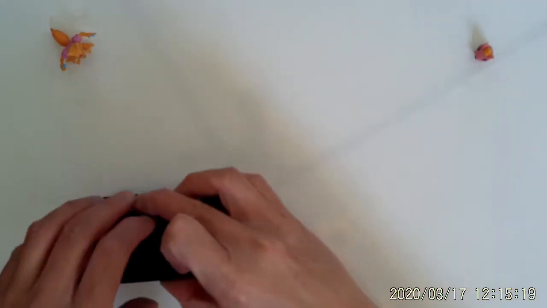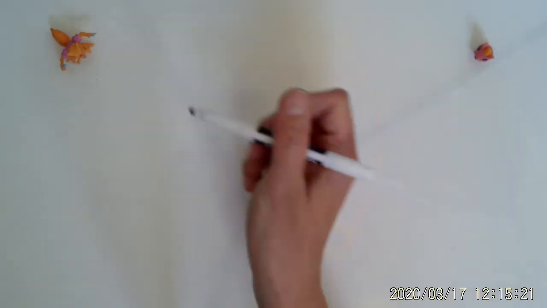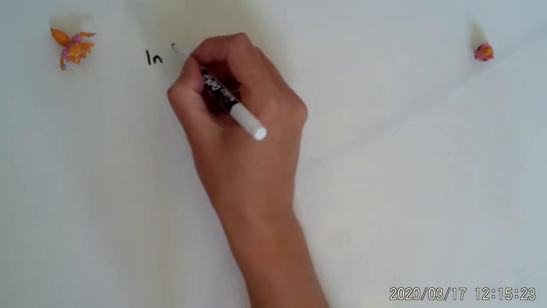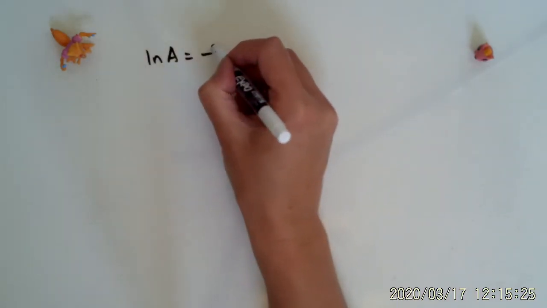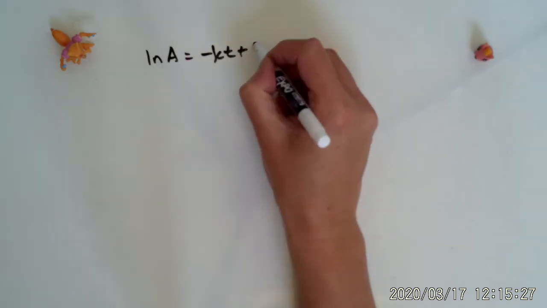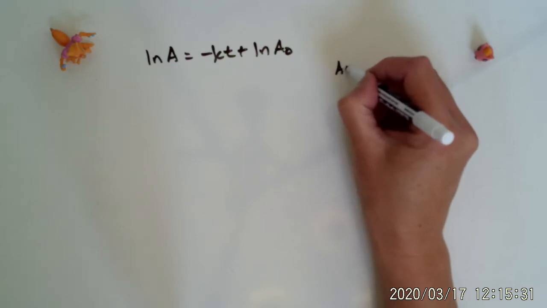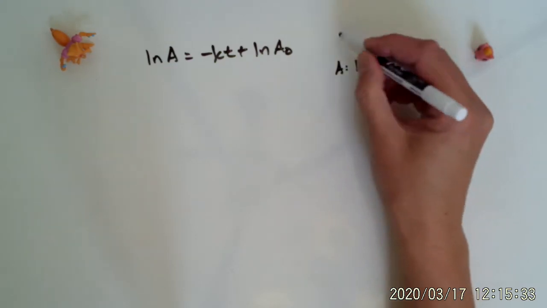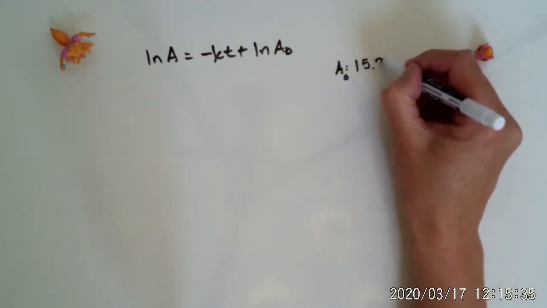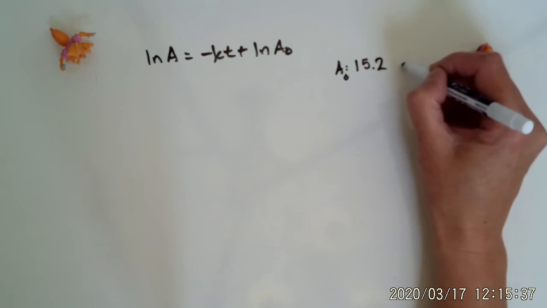All right, so let me erase this and we'll go through and determine that. We know natural log of A is equal to minus kt plus the log of A naught. A naught we're going to use as 15.2 disintegrations per second.